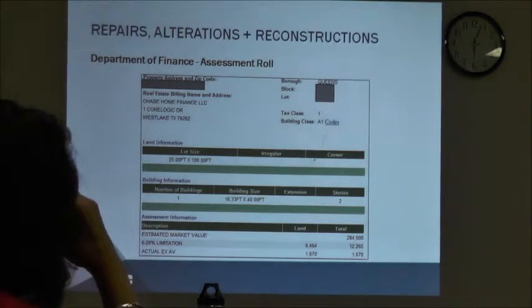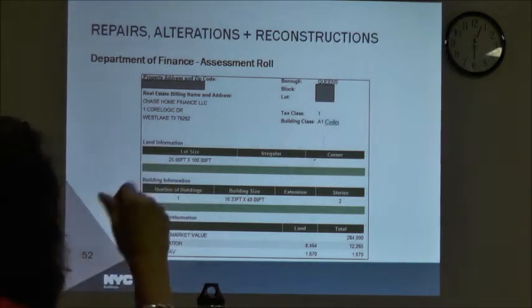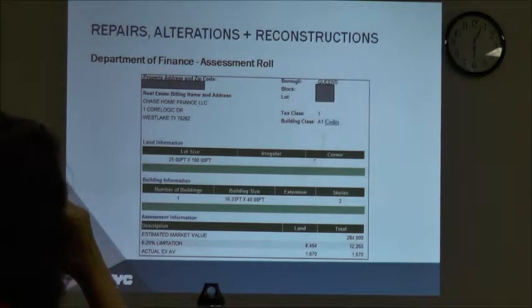Here is a screenshot of the Department of Finance's assessment roll for a building in Broad Channel, and you can see that it's got the land value and then the total value, but you're interested in the market value of the structure itself.